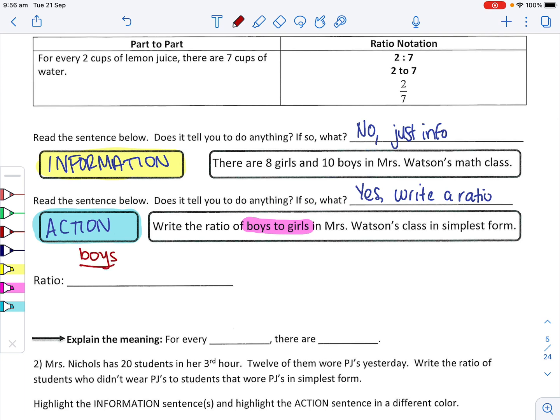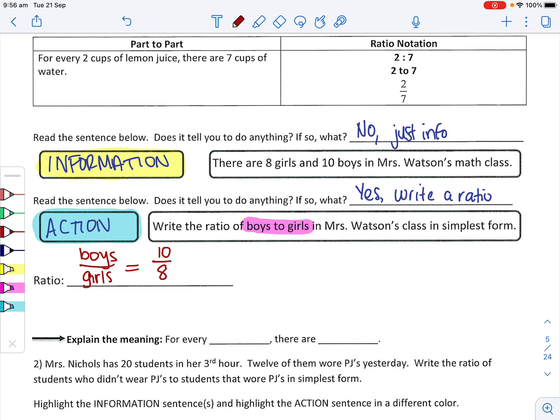So boys to girls. Once I have that action sentence written out as a ratio in words, I'm going to go back to my information sentence. So it says there are 8 girls and 10 boys in Mrs. Watson's math class. But in my ratio, the boys have to come first, so I'm going to put 10 on top and 8 on the bottom.